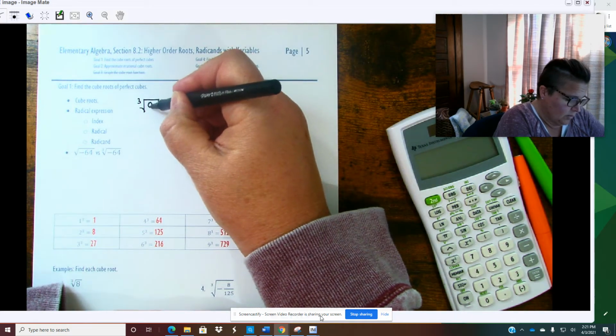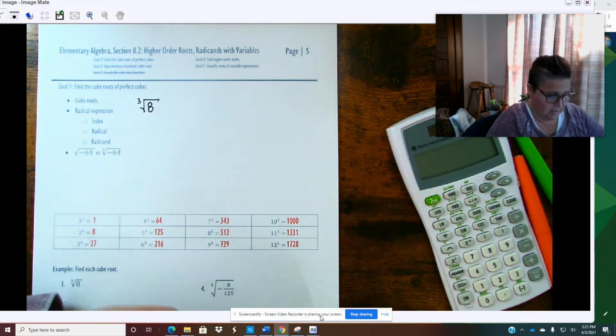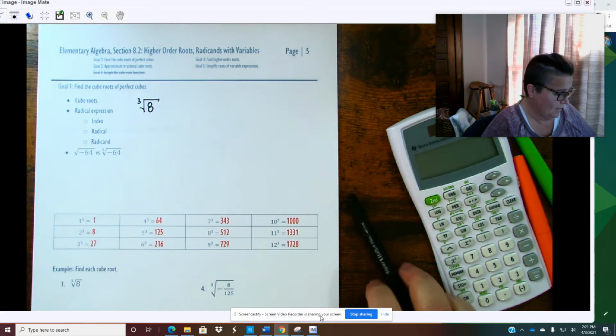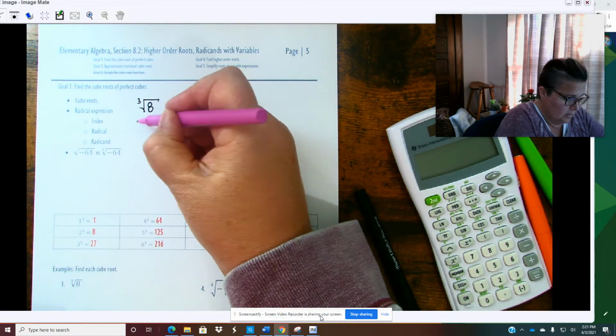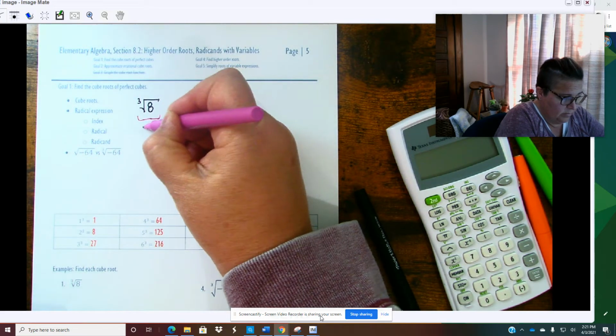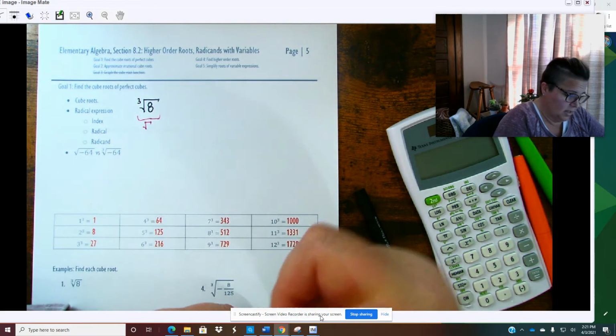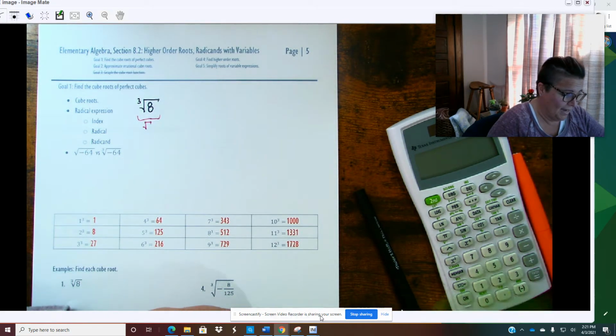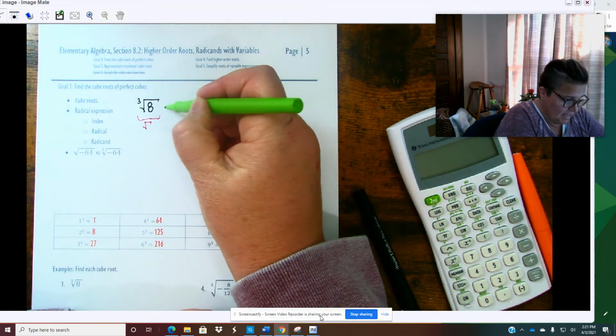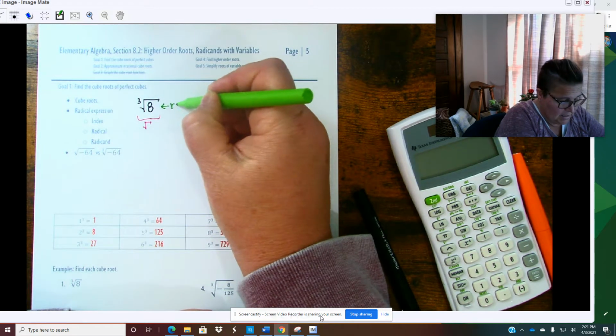So a cube root, such as the cube root of 8, has the radical. That would be this symbol right here. That is the radical. Underneath it, we have the radicand. In this case, the radicand is 8.